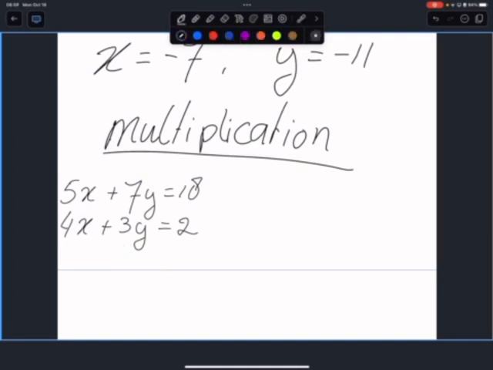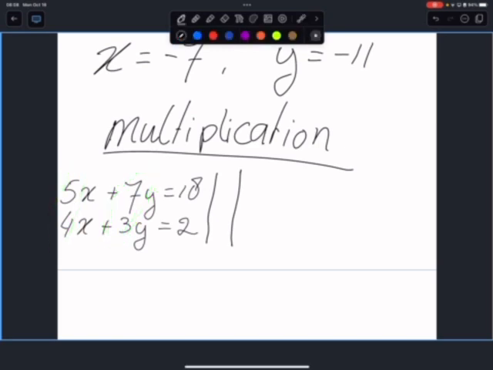In this particular case, you multiply one or both in order to cancel one of the two. It doesn't matter which one you multiply, the answer will always stay the same. You can choose 3 and 7, or you can choose 4 and 5.